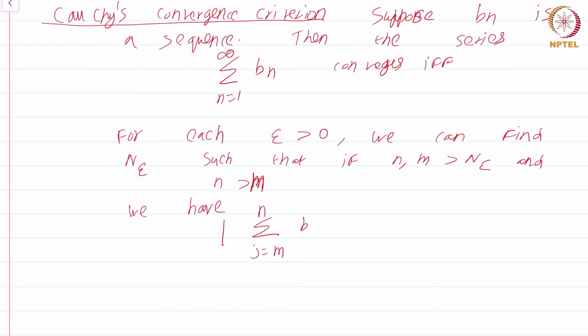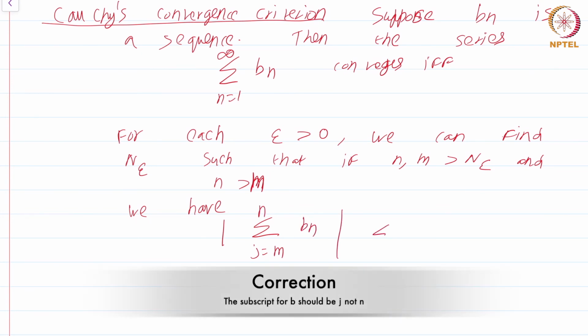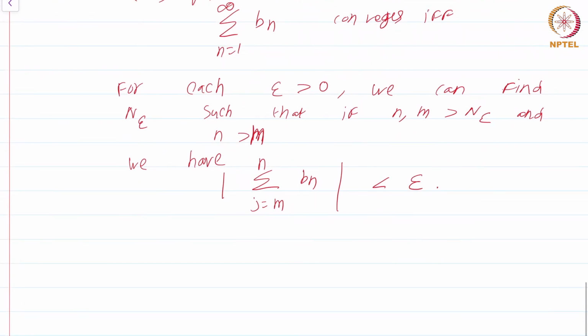This modulus is less than epsilon. Okay. So this might seem a bit complicated, but once you see the proof, you will just facepalm yourself and think, oh, it's obvious. Proof.